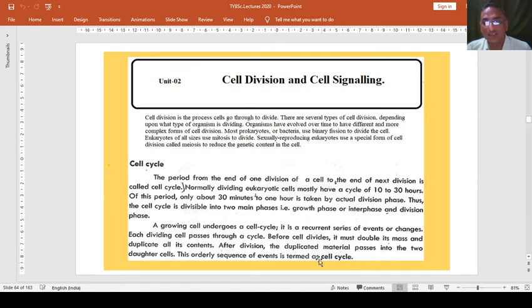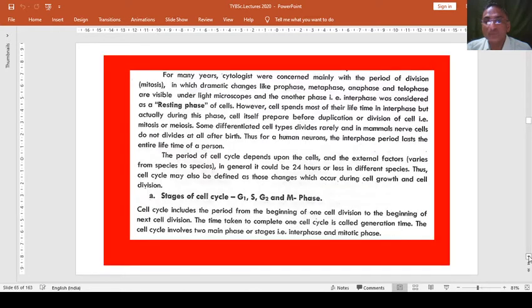In other words, this orderly sequence of events is the cell cycle, meaning interphase and division phase. Each includes subphases, so in total we will study four phases here, and the cell cycle is completed in them.